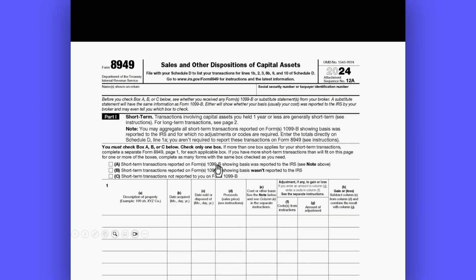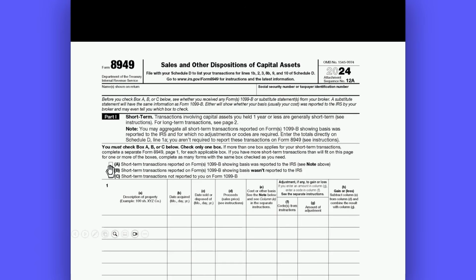So that would typically come from a brokerage house. And we check A if the 1099-B shows the basis of the assets, and it reports those to the IRS. And it will say right on the 1099-B, here's your basis, and this is being reported to the IRS. So you would check that box.